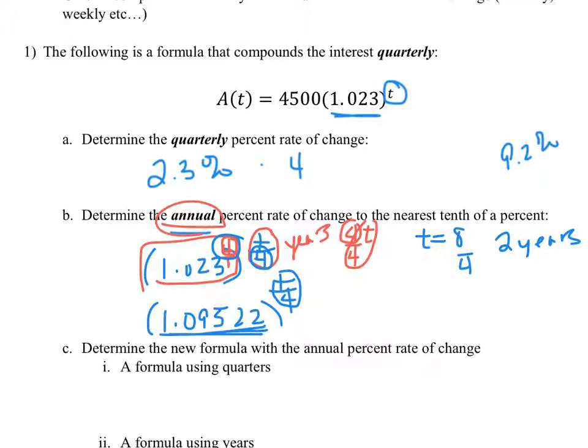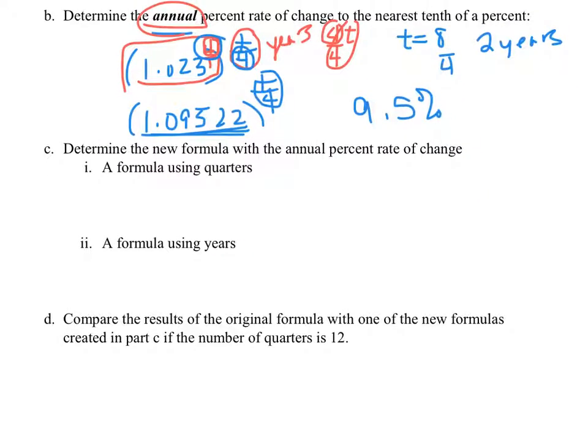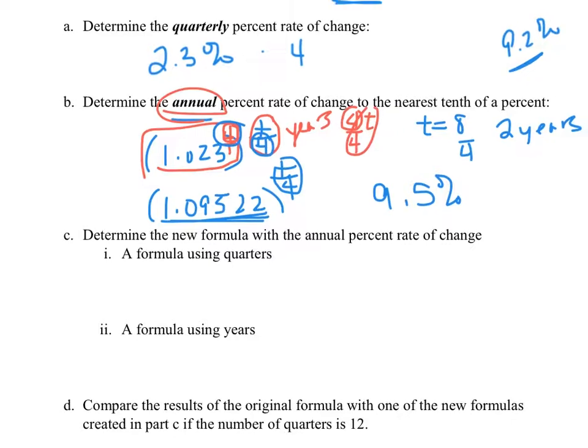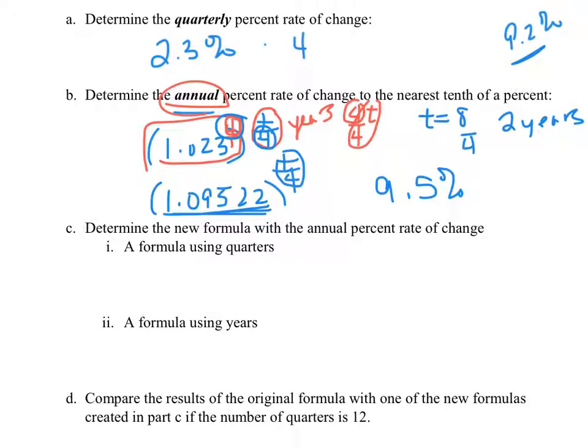Because it's exponential, I can't just multiply it by 4 and get that. I have to do the exponential piece. So when I do this, it winds up being 9.5%, because we know all the subtracting 1 and multiplying by 100. 9.5%. Pretty interesting, right?